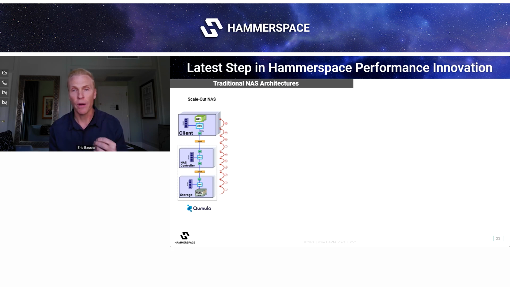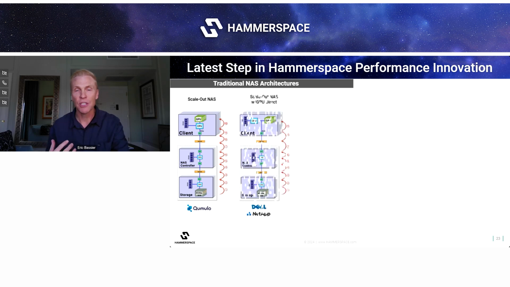GPU computing more efficient. And if we look at the progression of NAS architectures, scale-out NAS systems are one of the architectures that's considered for GPU computing and for AI training and inferencing.